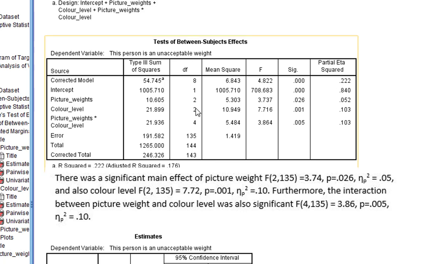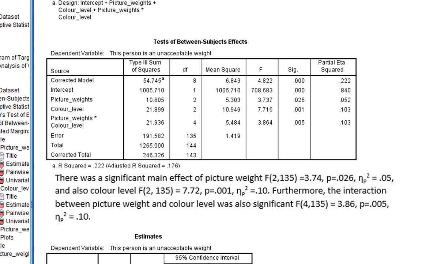So you can see, we take our degrees of freedom, F value, p value, and partial eta squared, and write it up accordingly. Now importantly, we also see there's an interaction between these two independent variables influencing our dependent variable. And as you can see, again, that's statistically significant. We take our degrees of freedom from this point of the table as well and write it up accordingly.